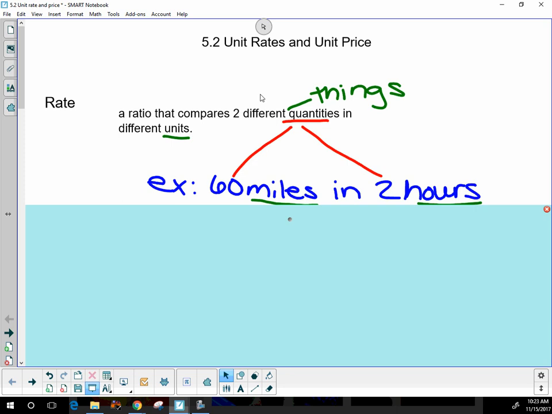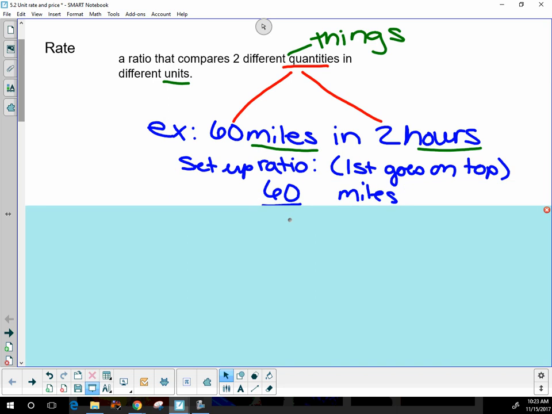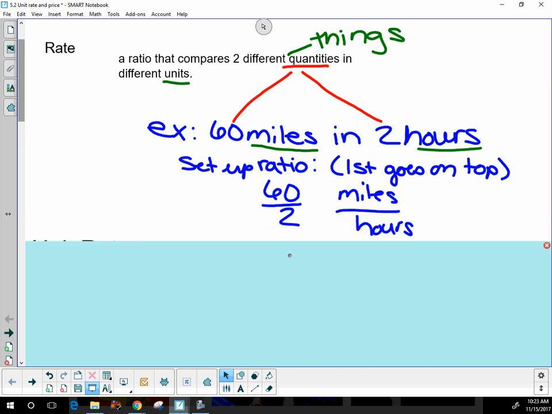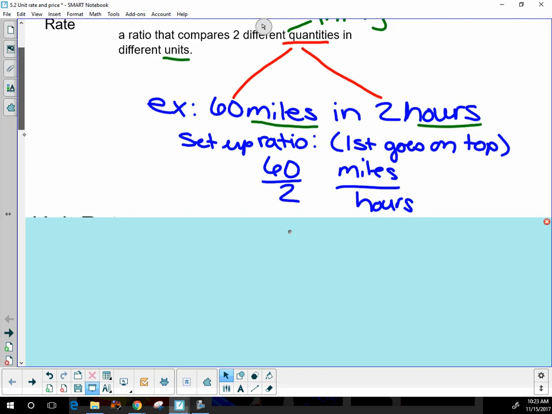It's comparing two different quantities, and the units are miles and hours. You set up the ratio. The first one usually goes on top, so we have 60 over 2 miles per hour. Clearly that's not in lowest terms or simplest form, but that's how it was stated for us.